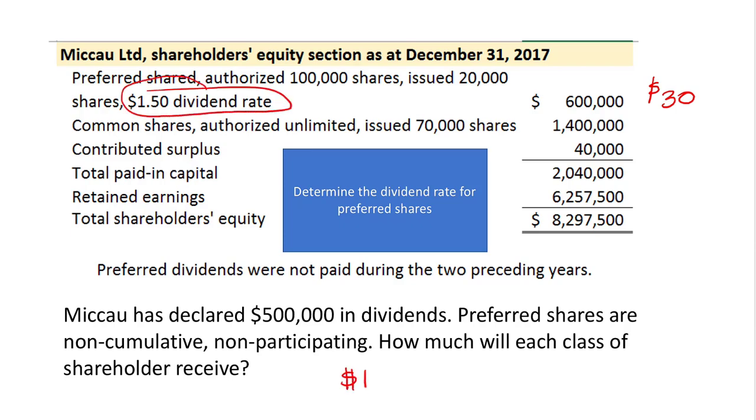So if you take $1.50 and divide it by 30, you get 5%. You could have done that with the total amount of dividends, in other words, the $1.50 times 20,000 shares, and then compared that to the total 600,000. You'll get the same answer.